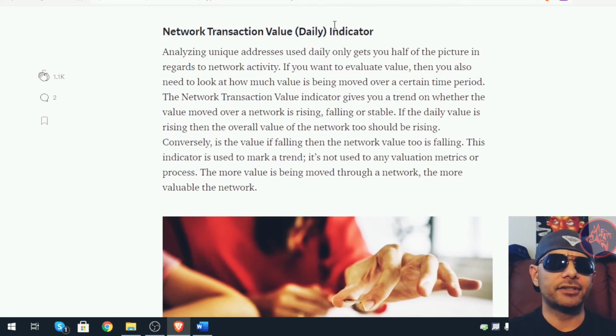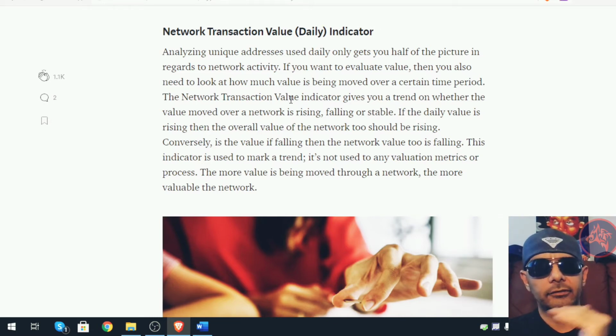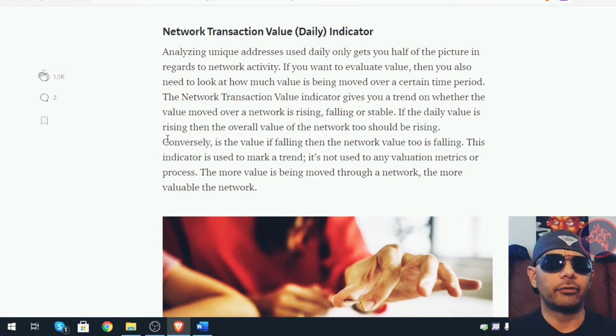Analyzing unique addresses used daily only gets you half of the picture in regards to network activity. So if you want the valuation value, then you also need to look at how much is being moved over a certain time period. The network transaction value indicator gives you a trend indicator on whether the value moved over a network is rising, falling, or stable. If the daily value is rising, then the overall value of the network should be rising.